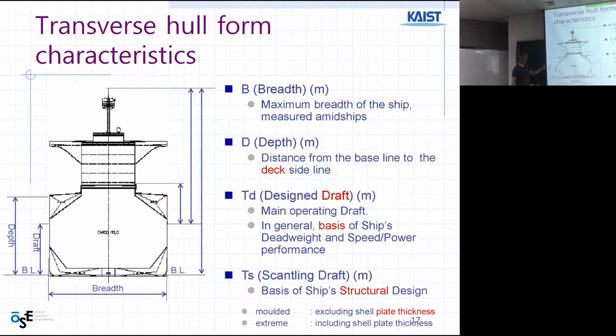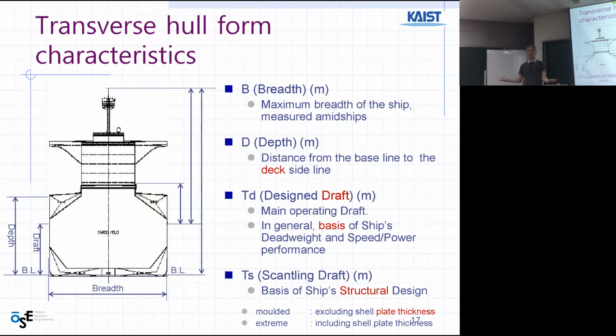So molded means excluding the shell plate thickness. The 2 millimeters is excluded. So inside the line or outside the line, right? Very small change. But in terms of whole volume, it's several tens of tons. That gives you a big difference for the money and cargo, displacement, and also other things. Right?